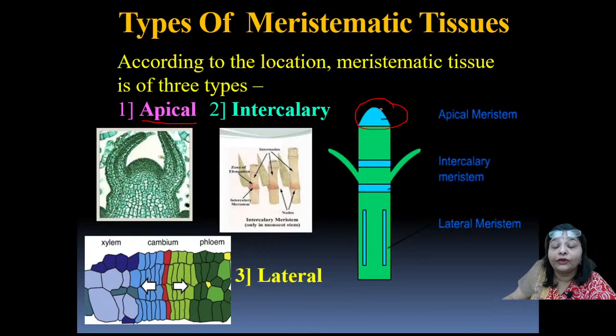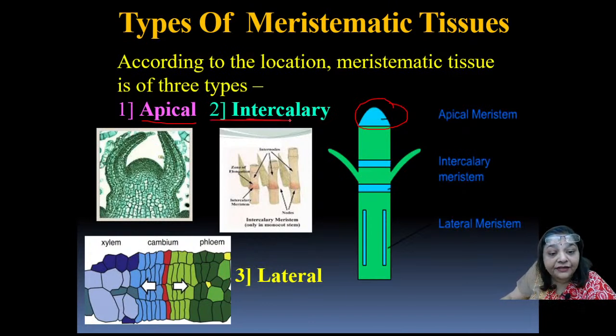Okay, so the tips, the branch tip also. When these tissues are found at the apex or the tip of the plant parts, we term it as apical tissues. These tissues actually help in vertical growth of the plant. Okay, so the length of the plant increases because of the apical tissues.